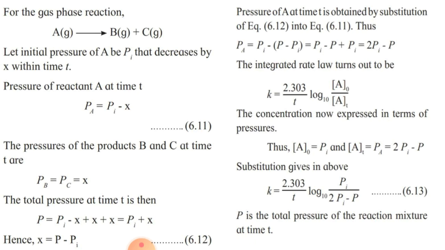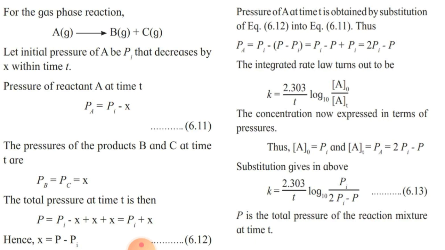As we know the integrated rate law, K is equal to 2.303 upon T log to the base 10 A naught upon At. This is your integrated rate law. Now here student, the concentration is expressed in terms of pressure.